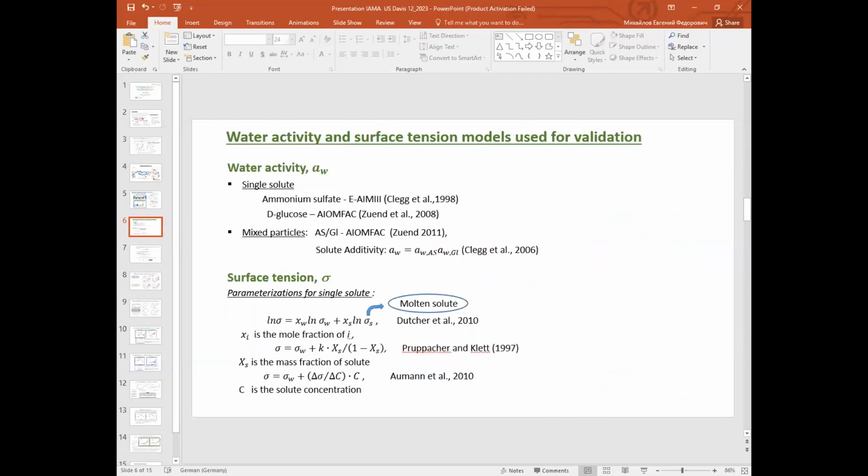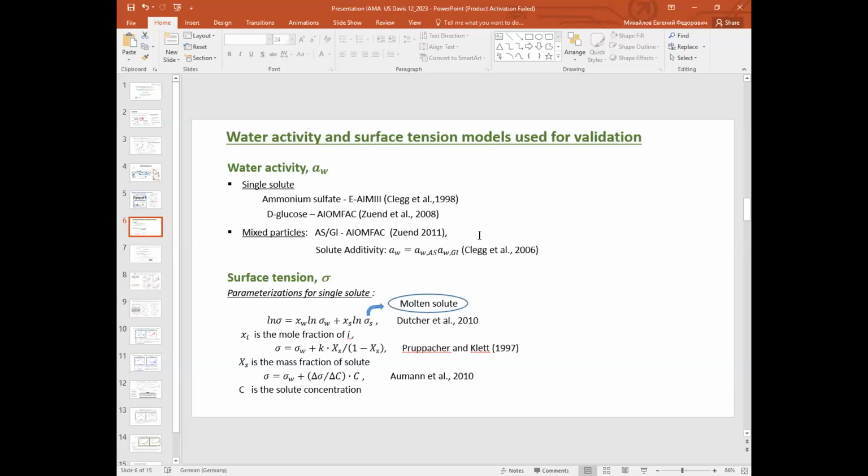For water activity, we use a single solute model, the aerosol inorganic model for ammonium sulfate, and for glucose, we use the AIOMFAC model by Zuend. For mixed particles, we also use AIOMFAC, and for solute activity, we also use the mixed particle model.